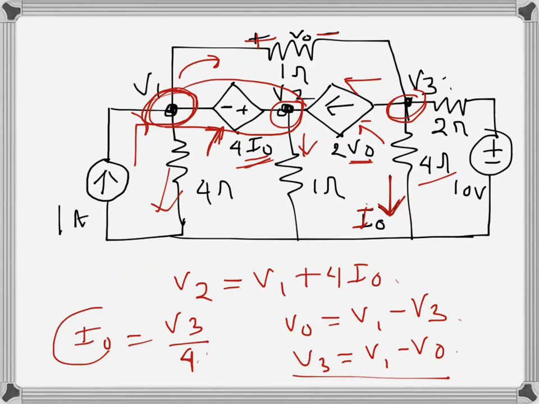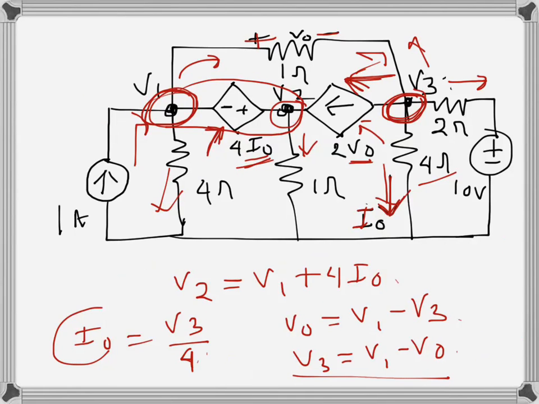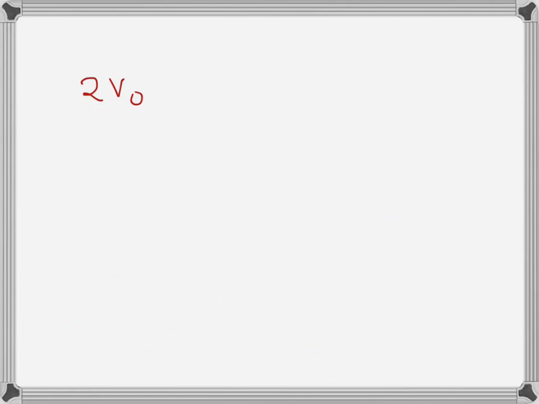Now we can write KCL for node V3. There will be 4 currents, this one, this one, this one and this one. This current is 2V0, so that is a positive current, 2V0, because it's a leaving current. And then this current will be V3 minus V1 over 1, that is minus V0 basically.